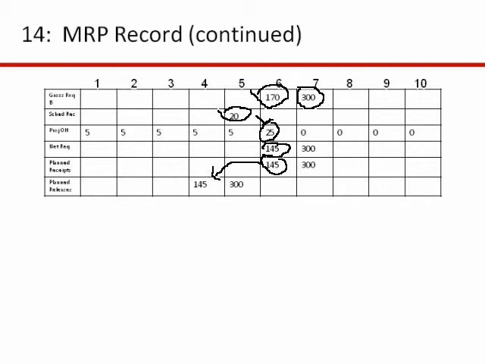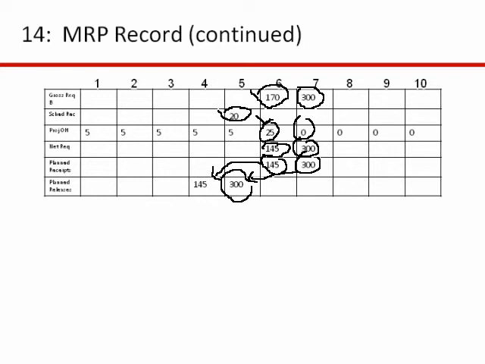And then with a 2-week lead time, we have to release it in period 4. We use up all our inventory for that first order, so we have 0 left. And again, we need a net of 300. We have to plan to receive that 300 in week 7. And again, we have to start making it 2 weeks in advance so that it's ready by the time we need it. So we're going to release that order in week 5.